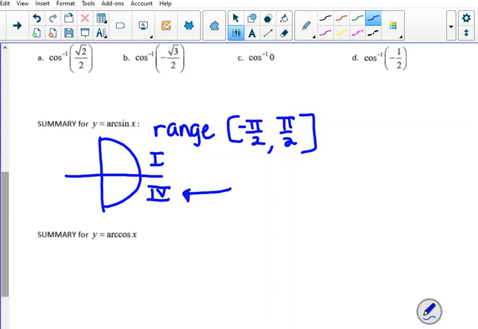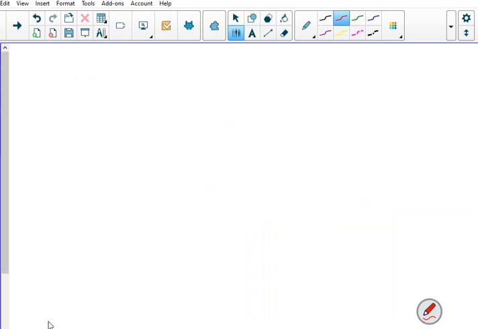But when I talk about quadrant 4, here's the weird thing. I have to use kind of aliases. I have to use negative names for these angles as opposed to their positive names.